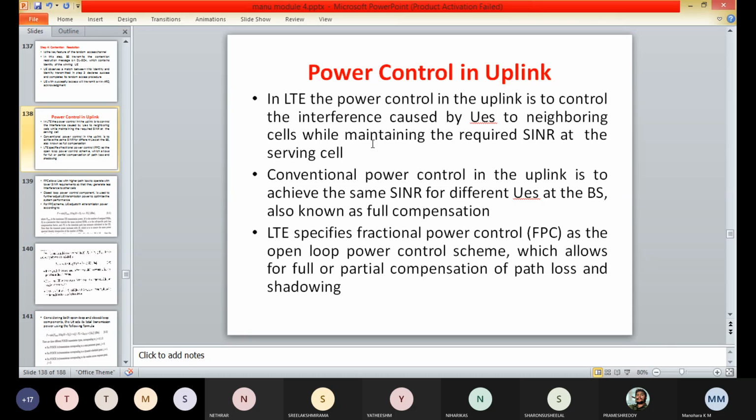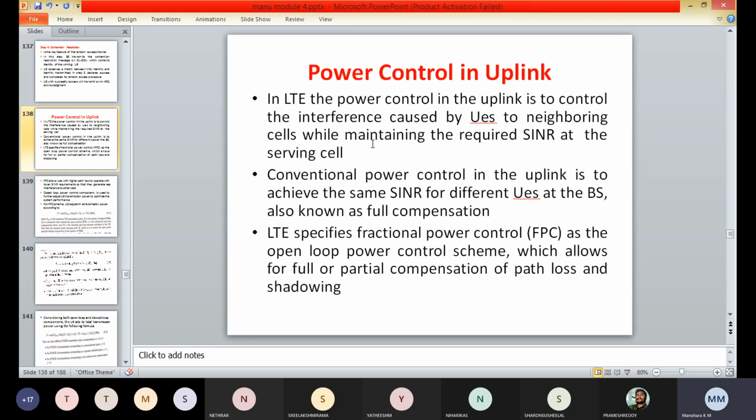It will allow full or partial compensation of the path loss and allow the system to operate with a minor impact on the cell interior.